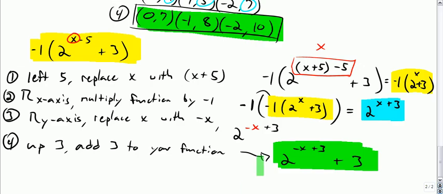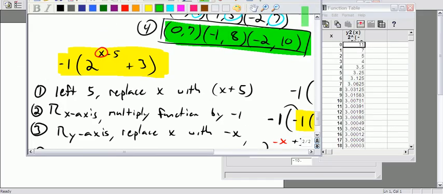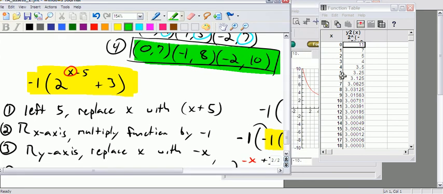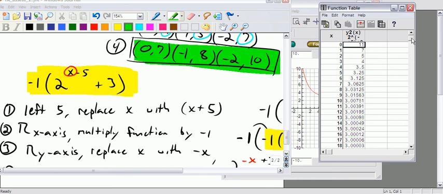Okay, we can open this up. Alright, now I'll look for my points. I'm going to check and see how I put this in. Notice I'm not finding the points. 0, 7, -1.